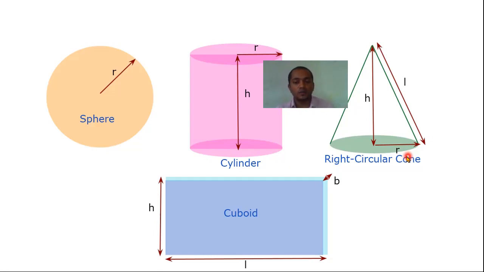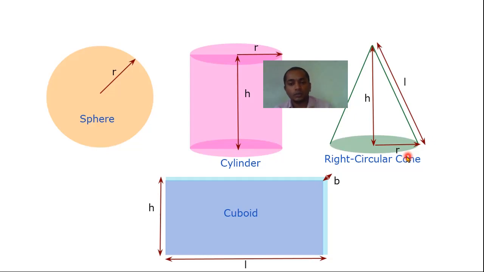In the case of cube, why have I not mentioned the cube shape over here? Because it is just similar to a cuboid. The only difference is that a cube has all the sides equal. So if you take length, breadth, height all as side S, then you can write 2 into S square plus S square plus S square.